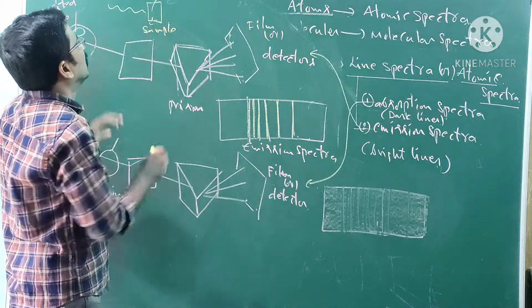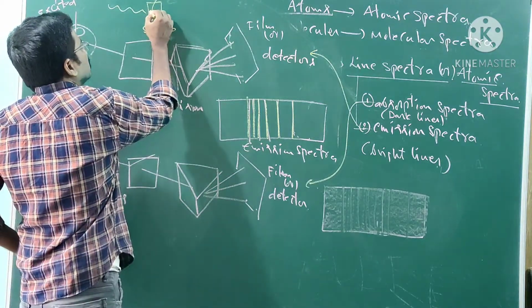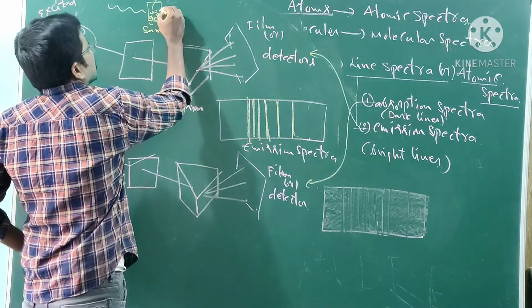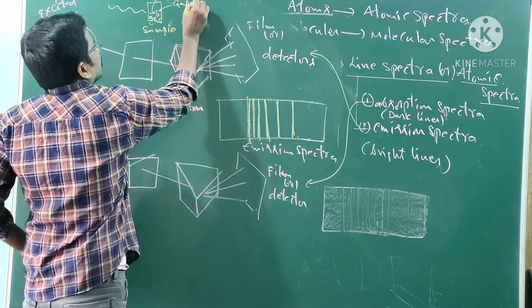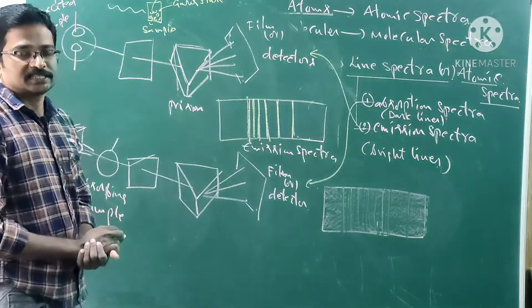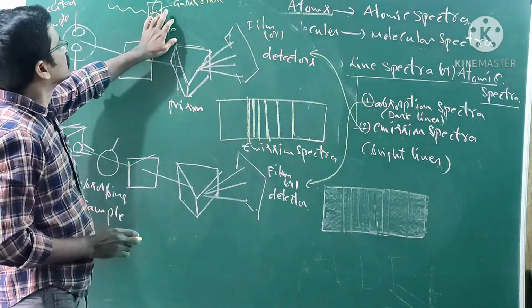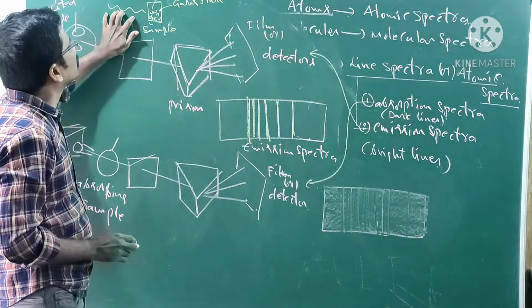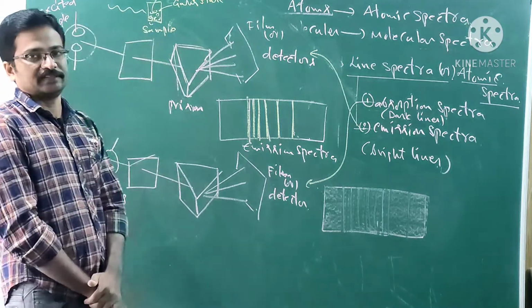Whenever the electromagnetic radiation falls on the sample, the atoms are in gaseous state. These atoms absorb some quantity of the electromagnetic radiation.